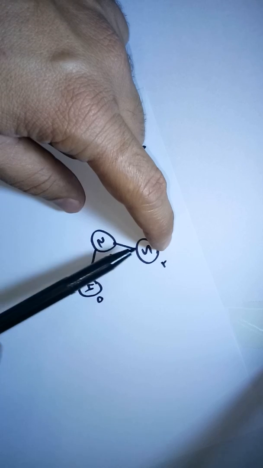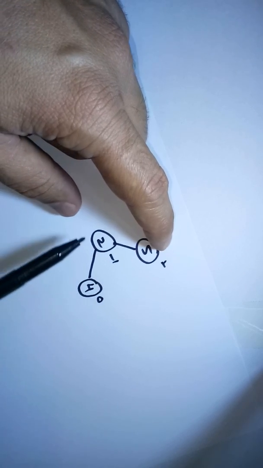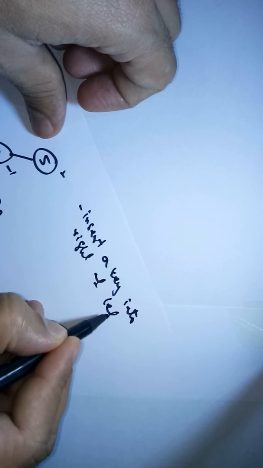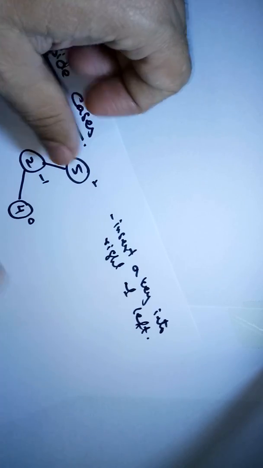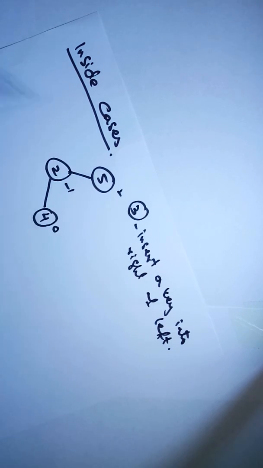Because we inserted into the right side of the left subtree. So what we did, we inserted a key into right of left subtree. That's why this problem arises. So that's case number 3.